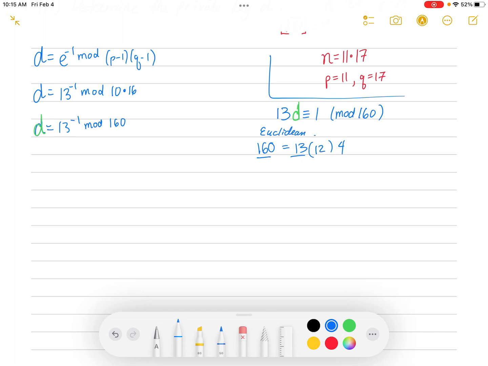This is doing the Euclidean algorithm. Okay, now I'm going to take 13 and divide 4 into it. And that's going to go 3 times, and it's going to have a remainder of 1. Then we take 4 and divide 1 into it. That's going to have a quotient of 4, a remainder of 0. So we're done with the Euclidean algorithm. Our last positive remainder was 1, so the GCD is 1 here.